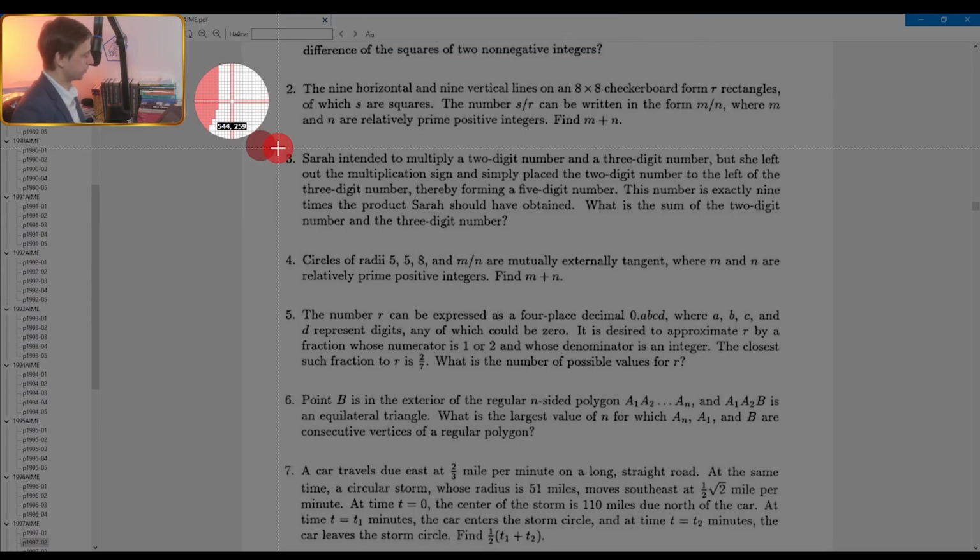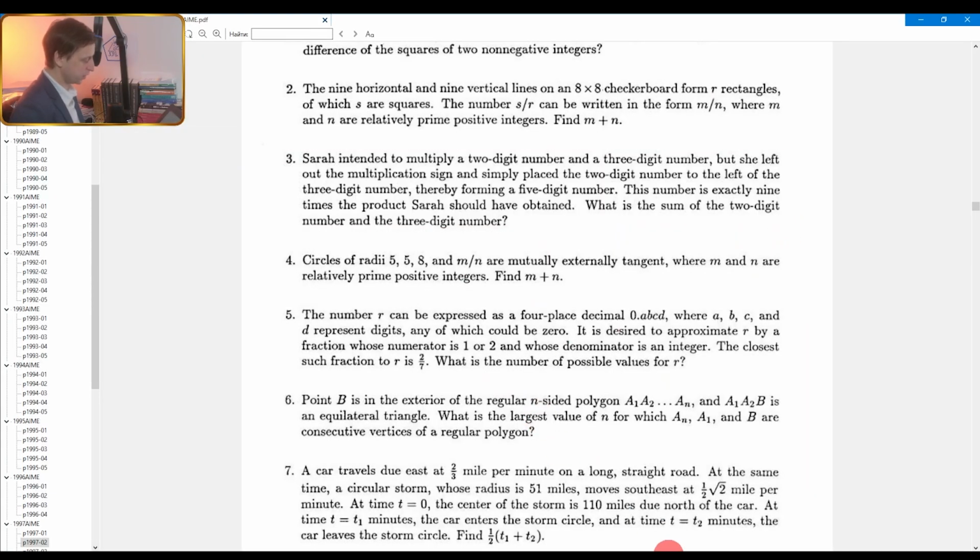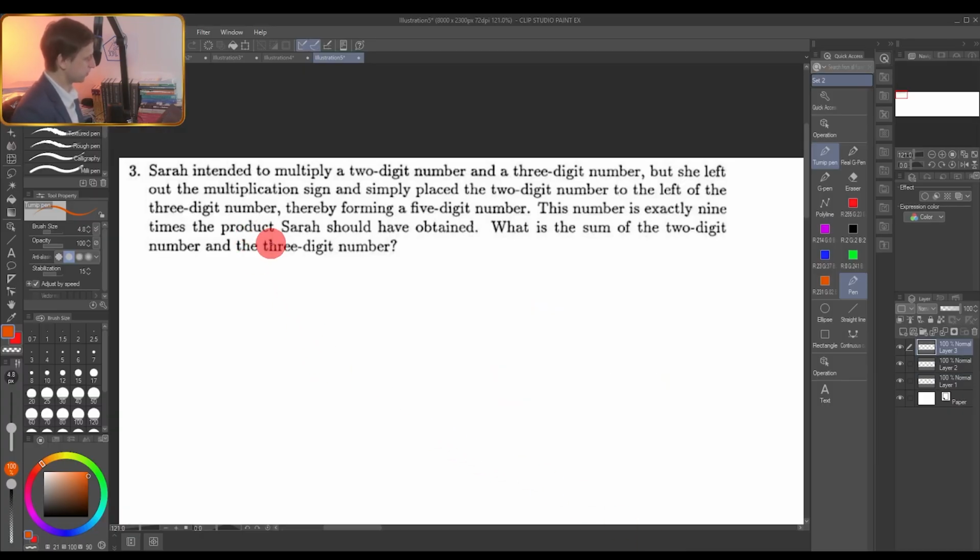Okay, and the next one that we will solve is number 3. Again, it is related to numbers. So what we have here: Sarah intended to multiply a 2-digit number AB and a 3-digit number CDE, but she left out the multiplication sign, and she simply placed the 2-digit number to the left of the 3-digit number, thereby forming a 5-digit number.